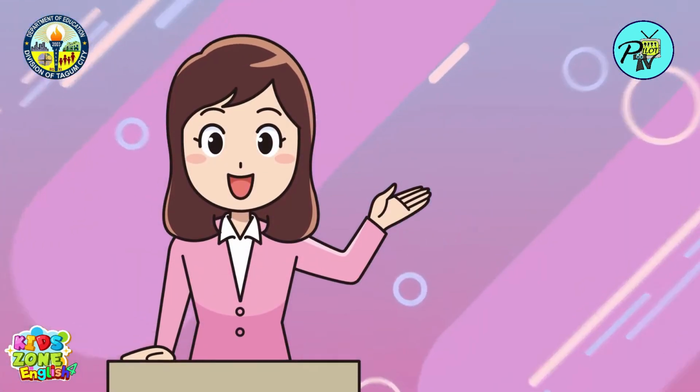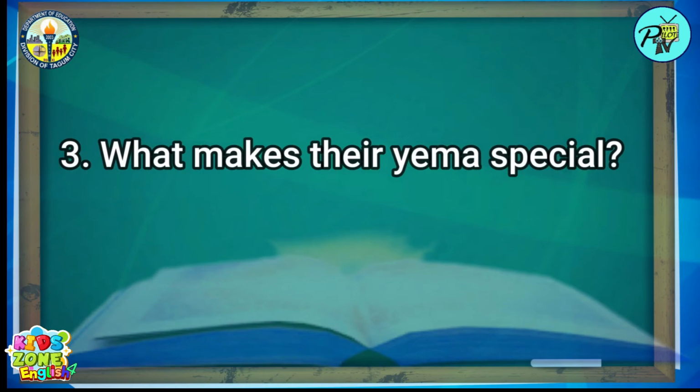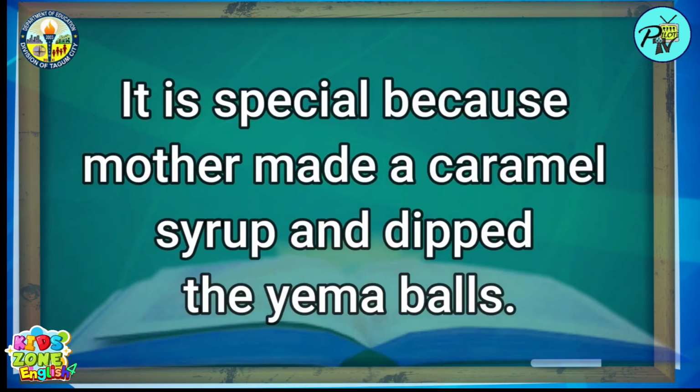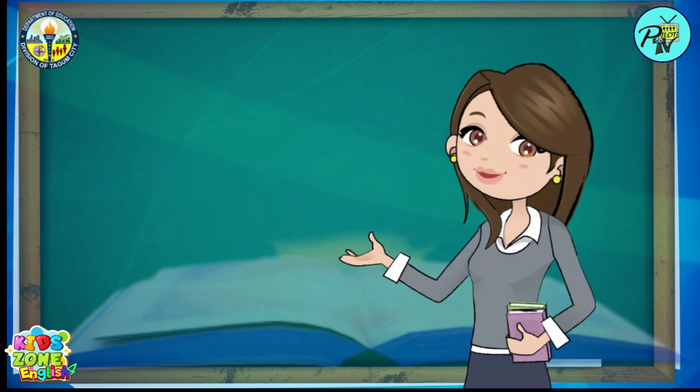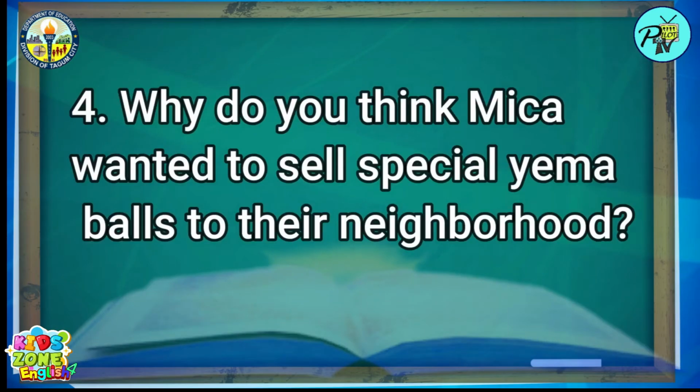The materials they used were spoon, bowl, cooking pan, and a wrapping cellophane. Third question. What makes their yama special? Aha! It is special because mother made a caramel syrup and dipped the yama balls. Do we have the same idea, kids? Awesome! Question number 4. Why do you think Mika wanted to sell special Yama balls to their neighborhood?